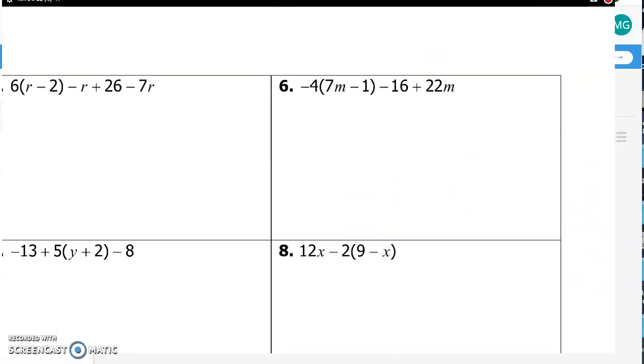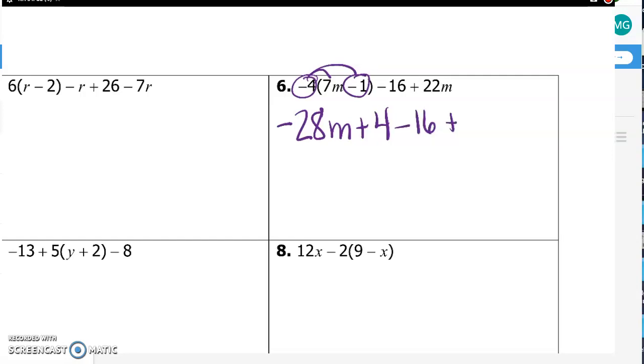Number 6, first we distribute the negative 4, gives us negative 28m. Here you have to be careful, negative and negative makes a plus 4. Minus 16 plus 22m. So again, after you distribute, you bring that other stuff down.